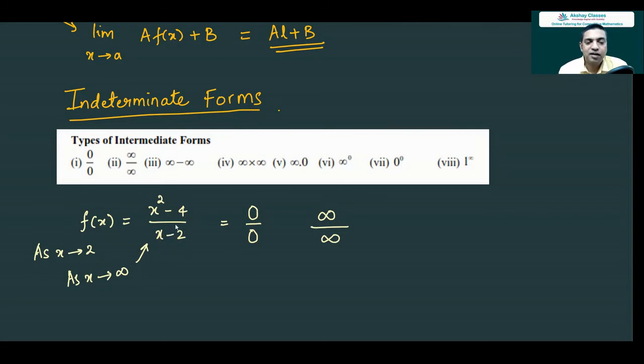If the denominator is approaching faster than the numerator, then the limit will be 0. If both are approaching at the same rate, you will get a constant. So that is why these are called indeterminate forms. So how to evaluate these indeterminate forms?